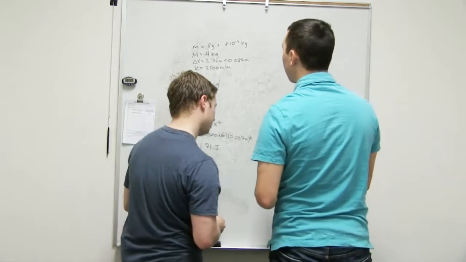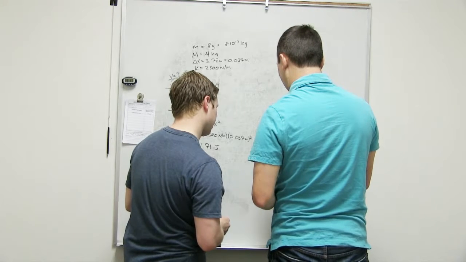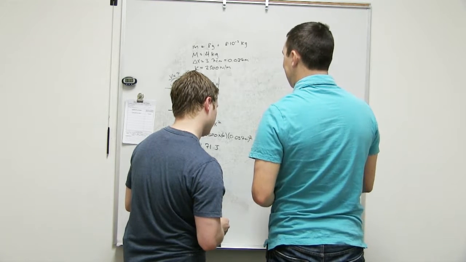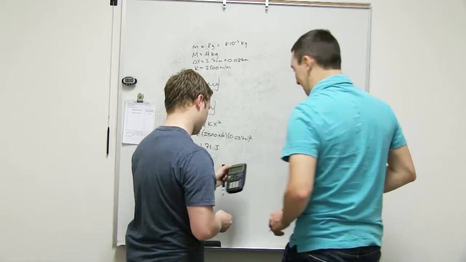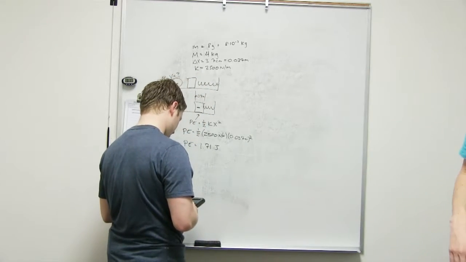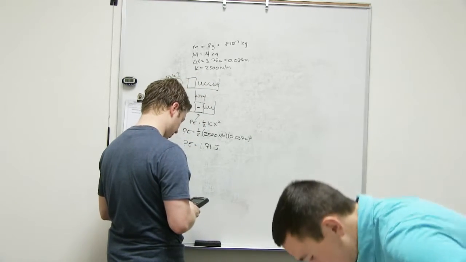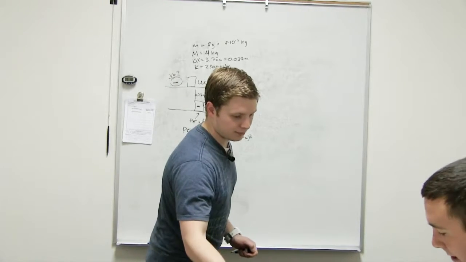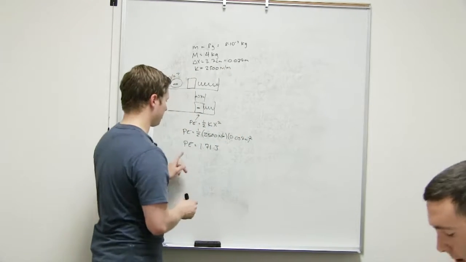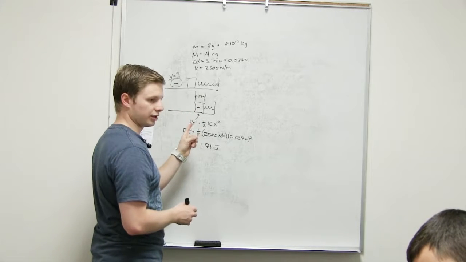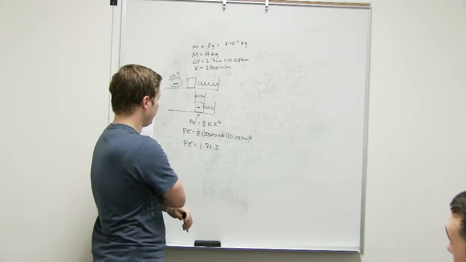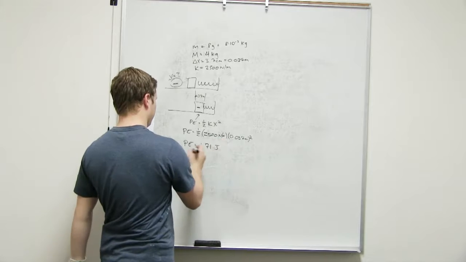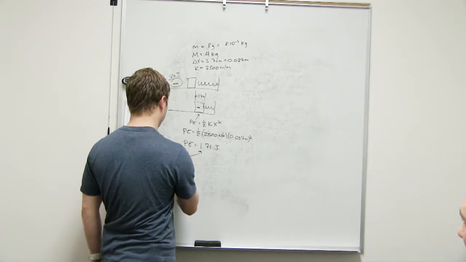Let's see, 0.037 squared. Yeah, it looks right. Okay, so 1.7 joules is the total energy of this thing here, right? Yeah. So this is the total energy.